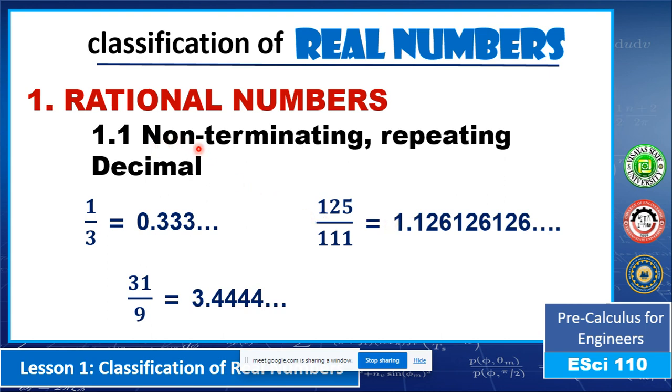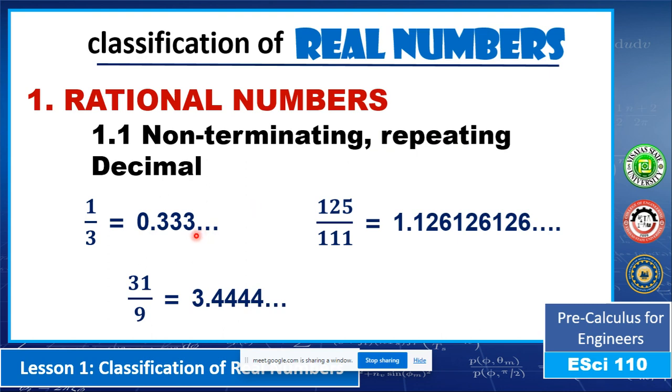Meaning, it has no limit, meaning it is infinite. The decimal number is infinite. But this one, it's okay. When we reach the definition of an irrational number, actually one criterion you will see right away for an irrational number is that it is non-terminating. But the word repeating here is important, because it is what makes these non-terminating fractions rational numbers.